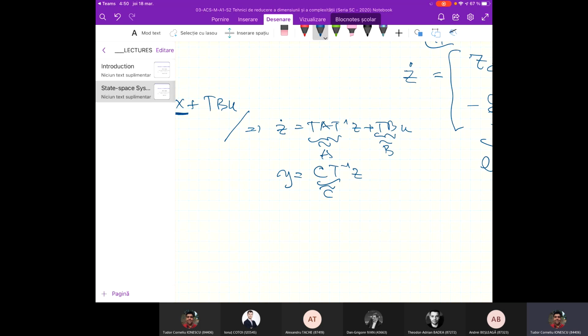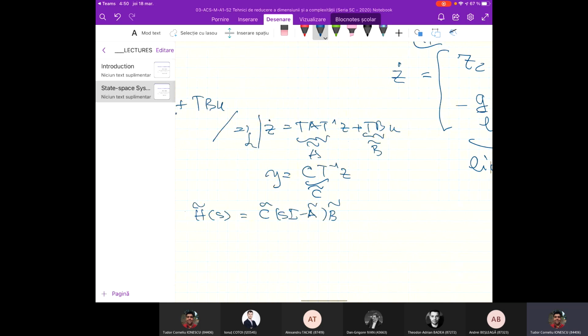Now, when you do Laplace and you compute the transfer function, or the transfer matrix, the transfer matrix for the tilde system is C tilde (sI minus A tilde) inverse B tilde. D is never changing because D is not related to x.